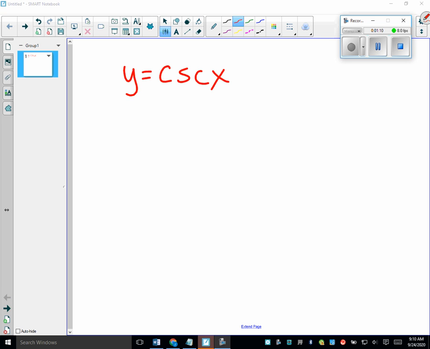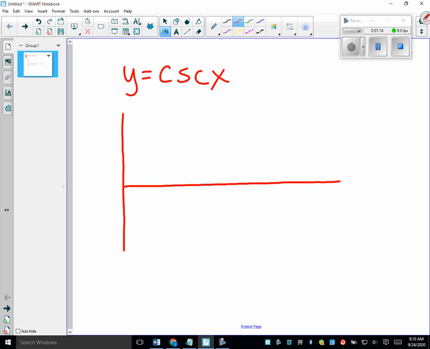All right, in order to graph this, I'm going to show you what the cosecant graph looks like. First thing I'm going to do is graph the sine of X. Can you all do that? No problem?